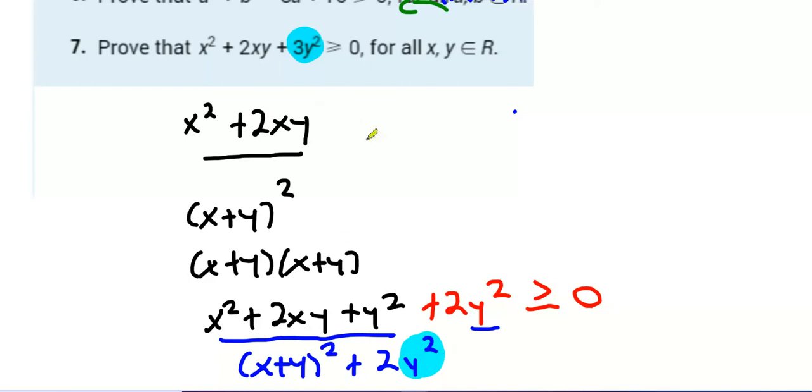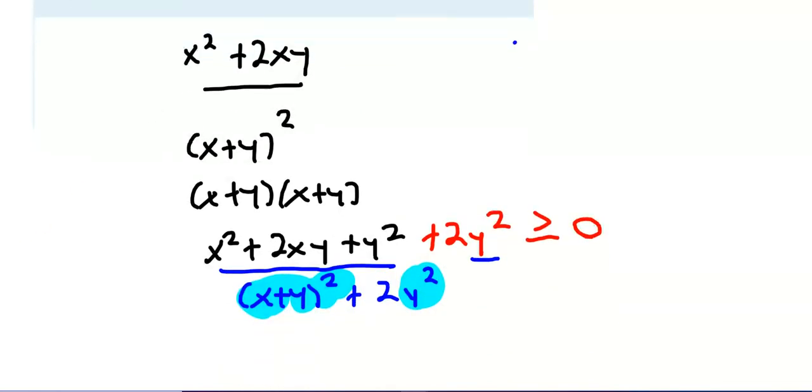So see that blue part there? That has to be positive. Why does it have to be positive? And what about this part? Is this also positive? Yeah. So what does that mean about the overall answer? All of it's positive. So that's a positive number, which is greater than or equal to 0.